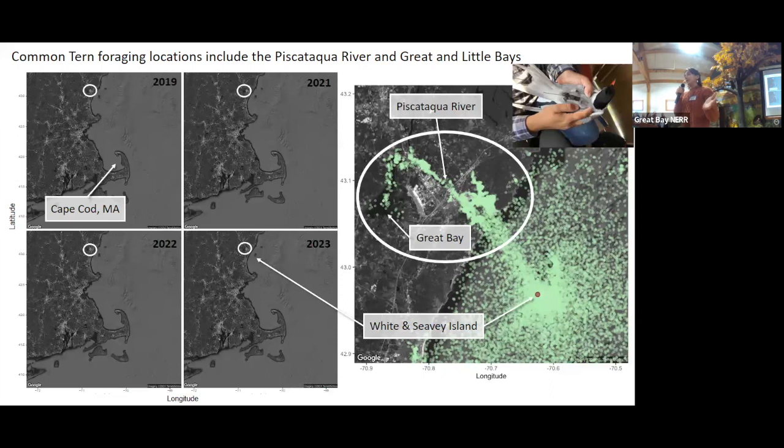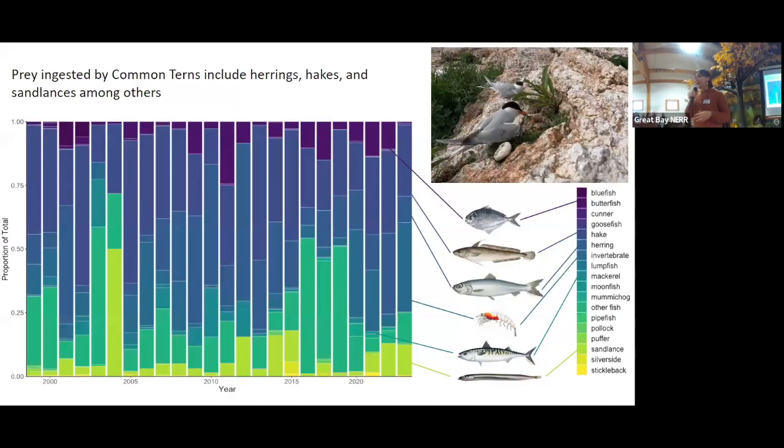All of the stuff we're talking about today is quite important to these terns that are about 7 miles offshore. What are they foraging on in these areas? From observational data, we know that they like to eat a lot of herrings and hakes and sand lances, among a bunch of other species. We also know that their diet can be quite variable over time.